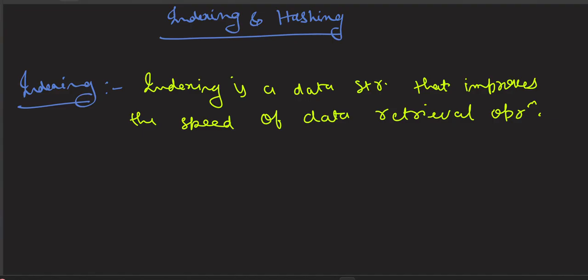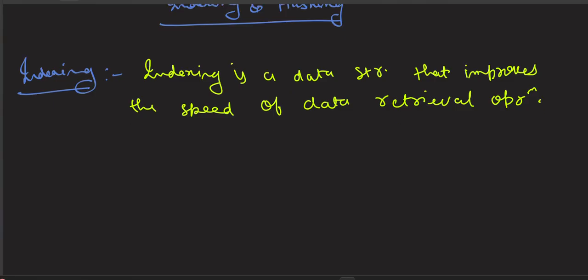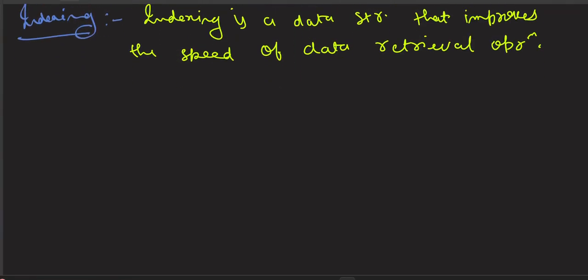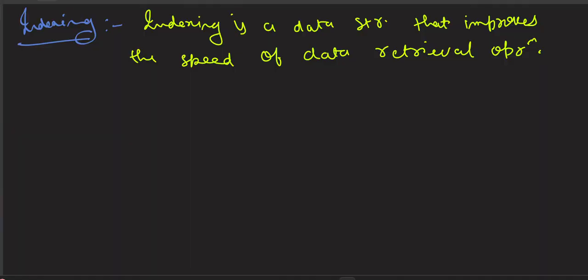For example, suppose a student table is there, in which roll number, name, and course are there.